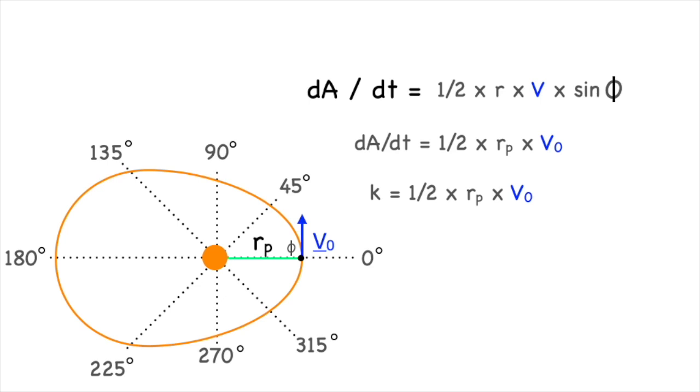Now, k has an interesting relationship to the angular momentum of the planet. We haven't talked about angular momentum because Newton did not formally define it, and because there is no requirement to define it in order to prove Kepler's three laws. Nevertheless, it is a quantity analogous to linear momentum.